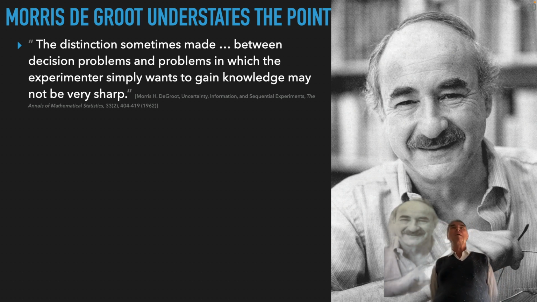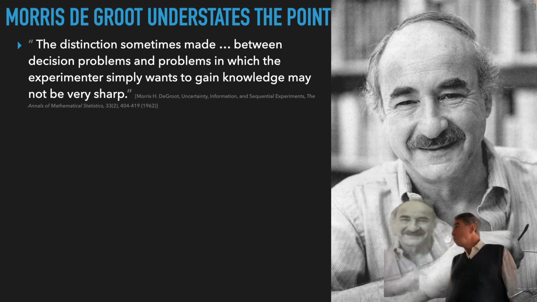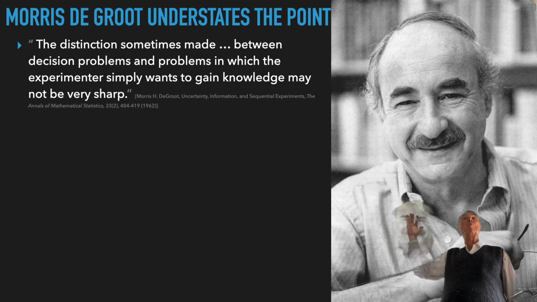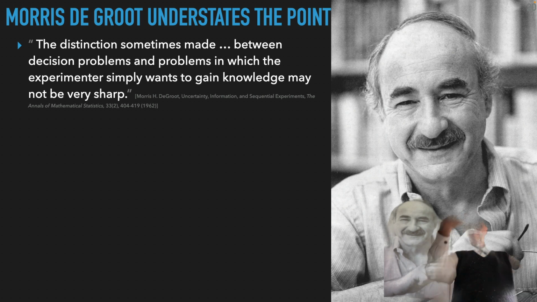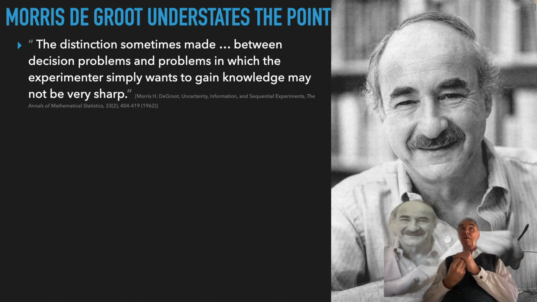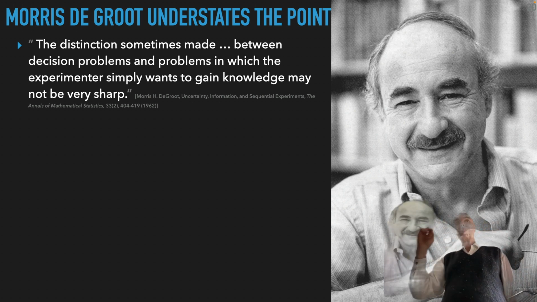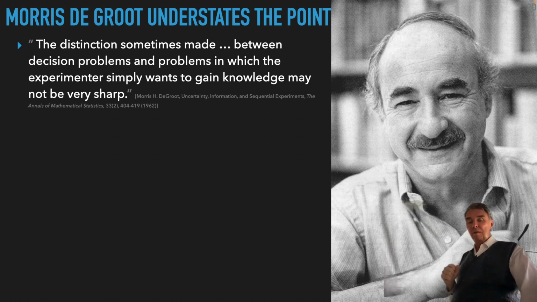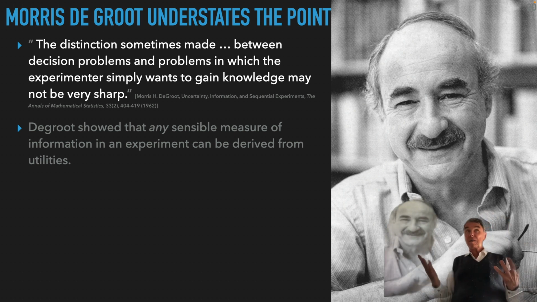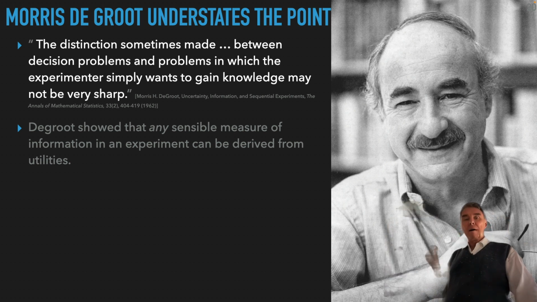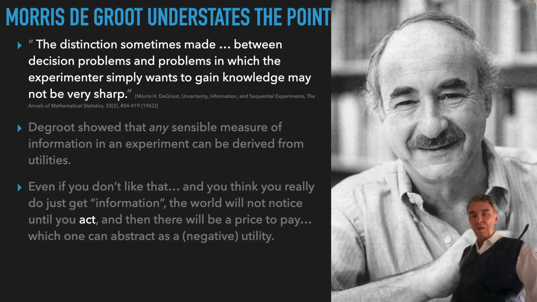That is a monumental understatement, because what he actually showed in a formal way is that any sensible measure of the amount of information that you might extract from an experiment must be quantifiable in terms of loss functions. It's a result that many contemporary colleagues still don't like to hear, I think. So I've pointed you to that. The argument's actually quite simple, but this is what he actually showed.